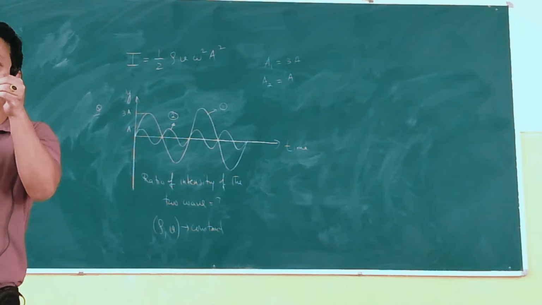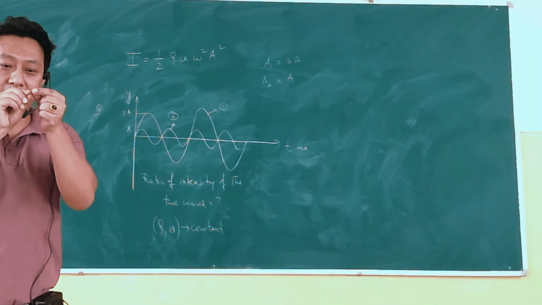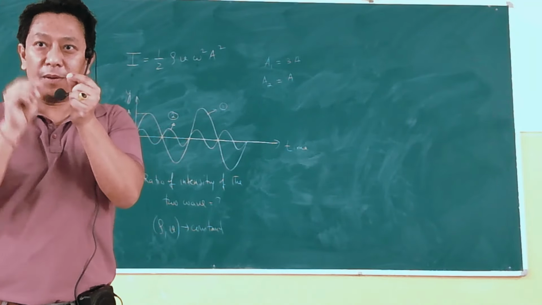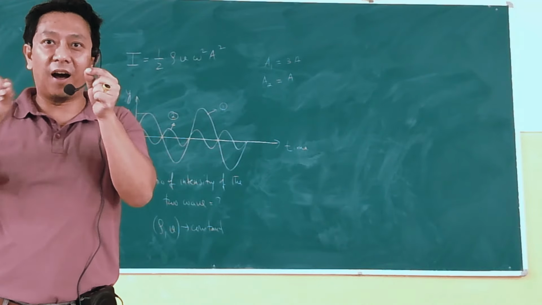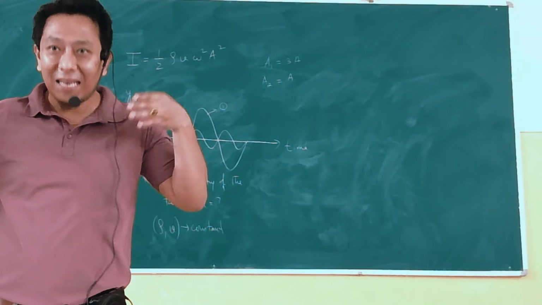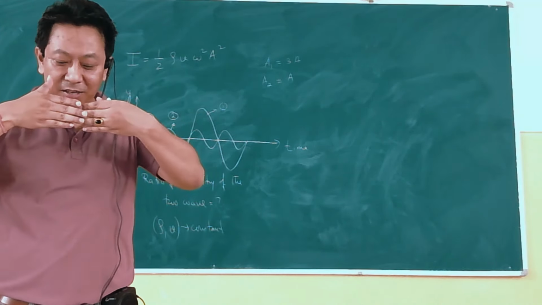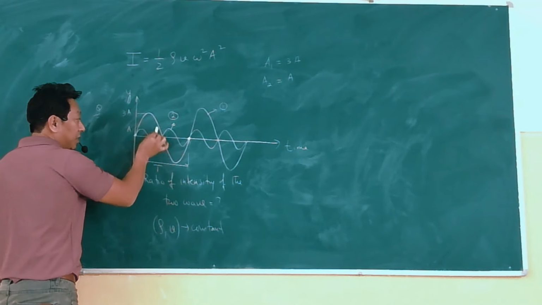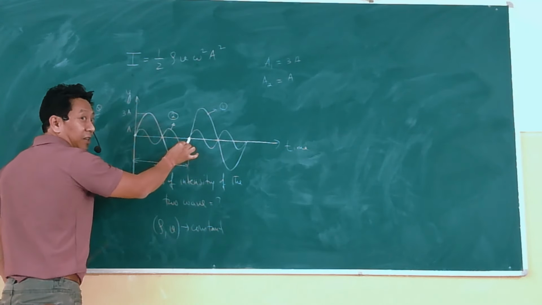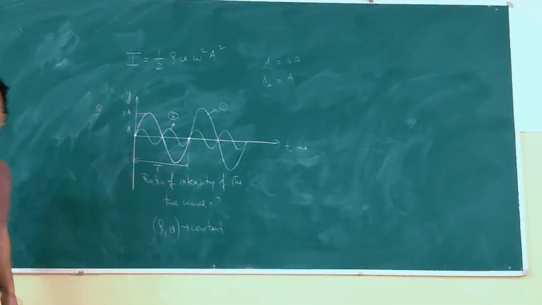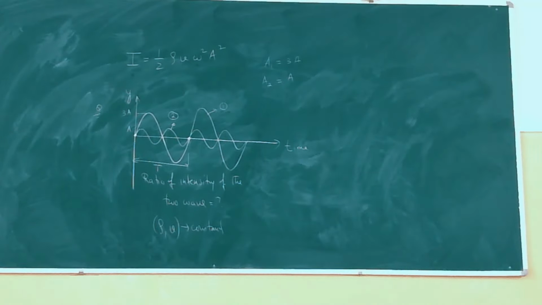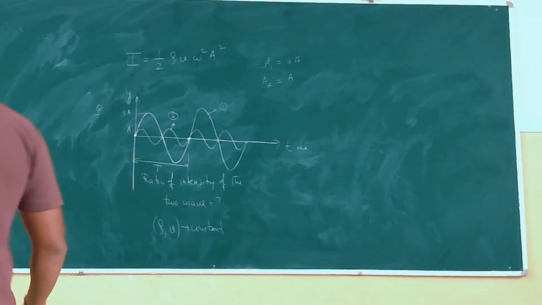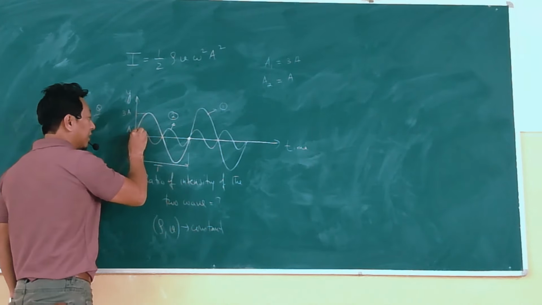Frequency means number of oscillations. If the oscillations are near, frequency will be more. If the oscillations are far apart in time, frequency will be less. For the big wave, this is the time period because after that it repeats. For the second wave, check the time period. How much? T or half of T?